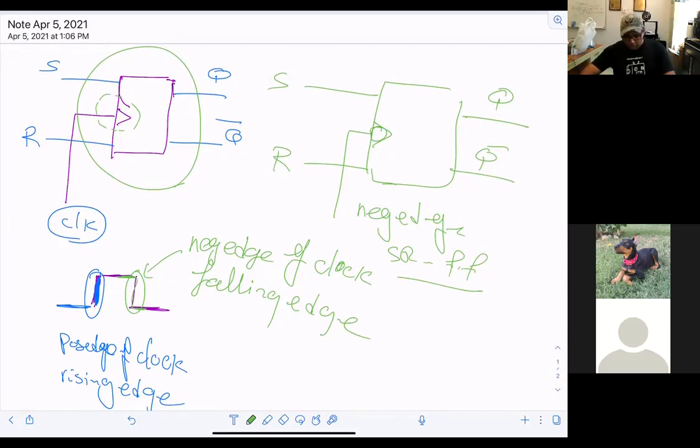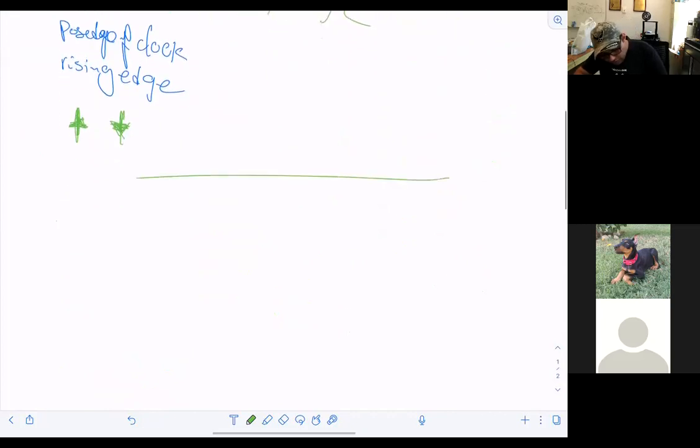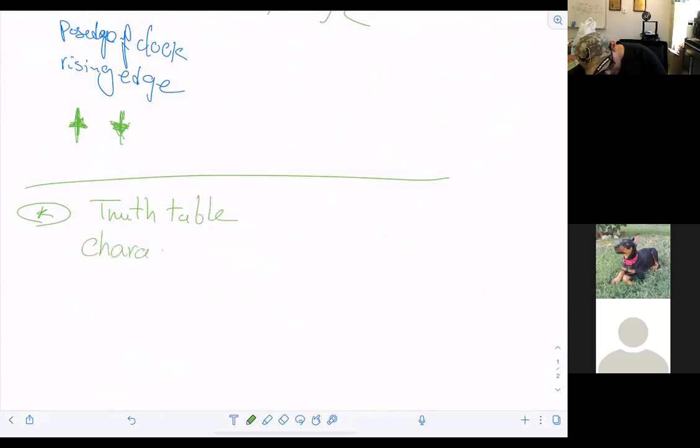Yeah. Now we need to work on the 3 different things I already promised you in the beginning of the sequential. So to define the characteristics of any flip-flop, you have to study 3 things. One is called truth table. One is called characteristic / state table.